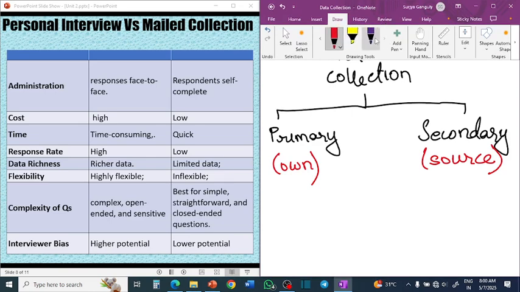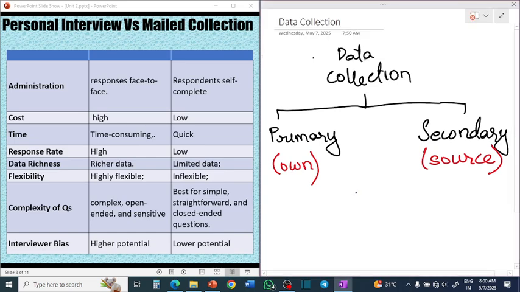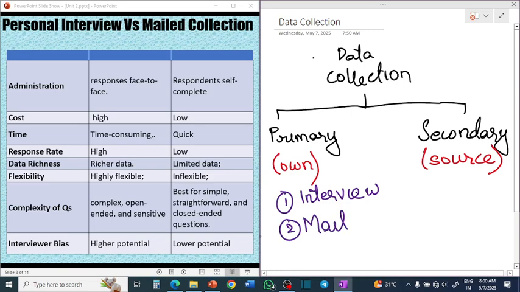If we talk about primary data collection during our PhD, we deal with 4 types. First one is our interview method, in which we go to the subject and collect the data from them. Second one is mail. We mail the questionnaire to the concerned person and they fill up the data and we get the information.